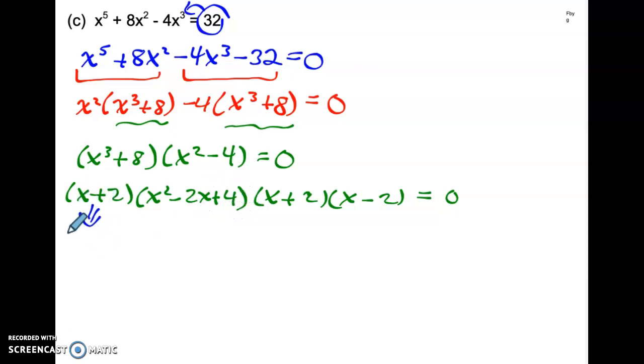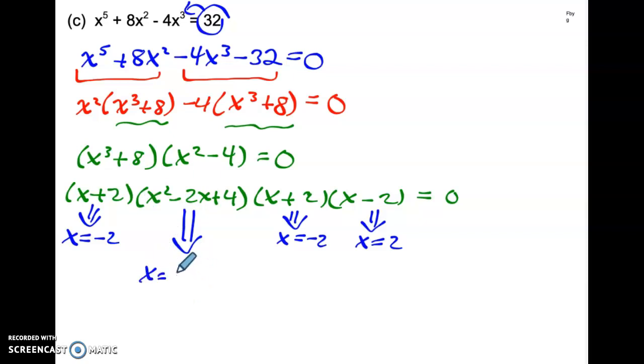So the other brackets, we get solutions of x equals negative 2, x equals negative 2, and x equals 2. So the negative 2 will only end up writing once in the final solution, but it does actually appear twice as a solution. And then for this one, we're going to have to do quadratic formula.